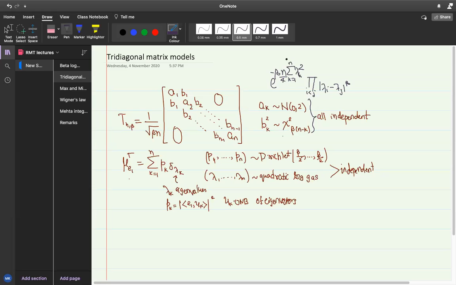By the way, this beta in the exponent is completely unimportant. That's just a scaling factor, because you can absorb that into the lambda_k squared. You can scale lambda_k by the square root of beta, then that will go away. But this beta in the interaction is absolutely important. You cannot scale it away. This is the whole point.